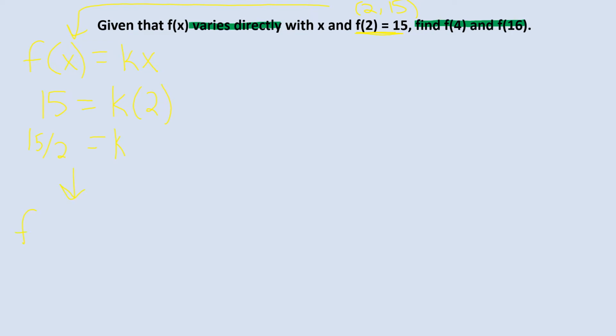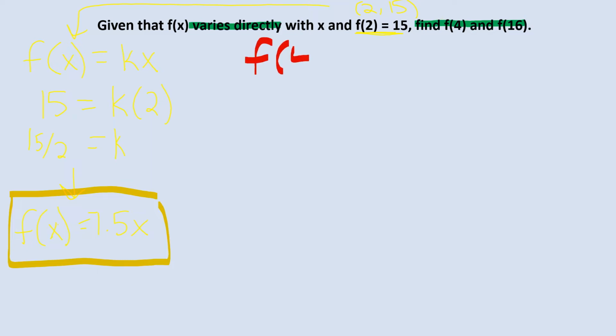Now we know our equation is f of x equals 7.5x. And we are going to use this when we plug in 4 and 16.